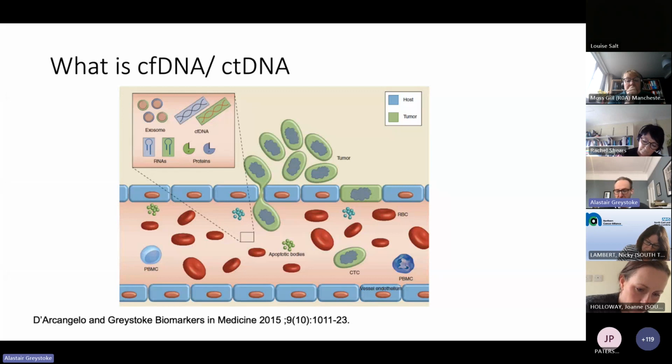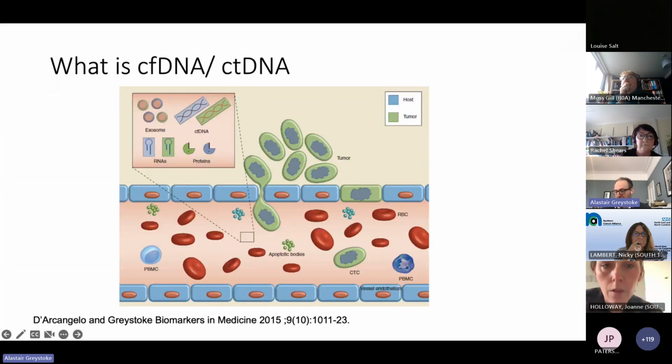The question is, how does it get into the circulation? And we're not entirely sure. Is it because there are cancer cells that are dying and then being eaten by white blood cells that then die and release the tumour DNA into the blood? That's one explanation. Another is, if you look at my picture, you'll see that sometimes you can actually get cancer cells inserting themselves into the blood vessel walls, and maybe they're releasing it directly into the circulation from there.